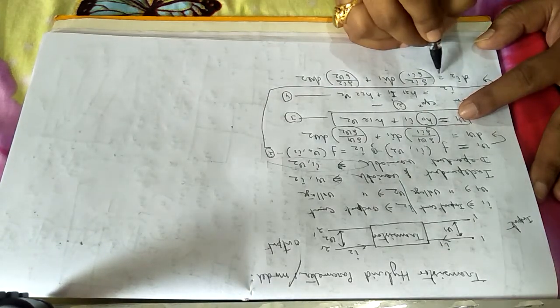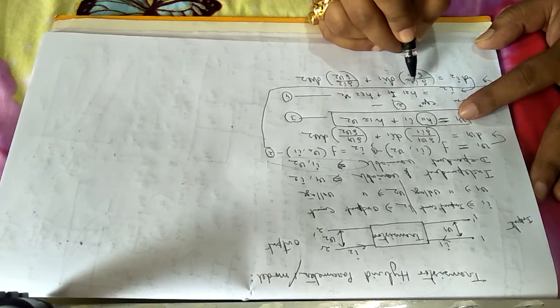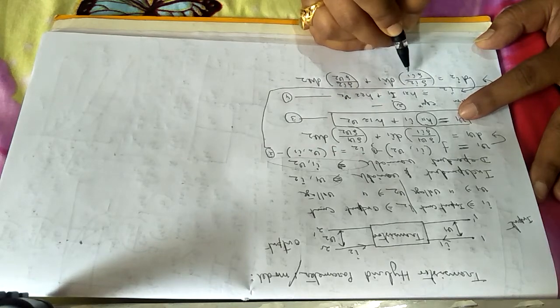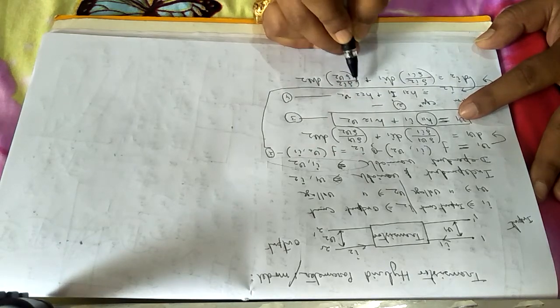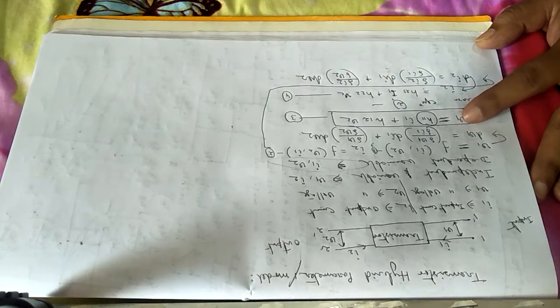So from this line to that line, I2 equals H21, another hybrid parameter, why the suffixes 2 and 1, then the second one H22, then dV2 for V2.